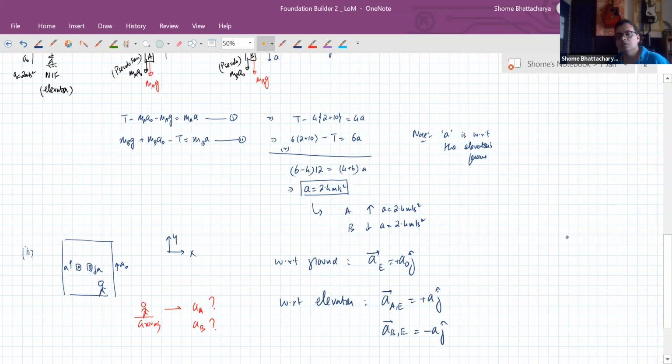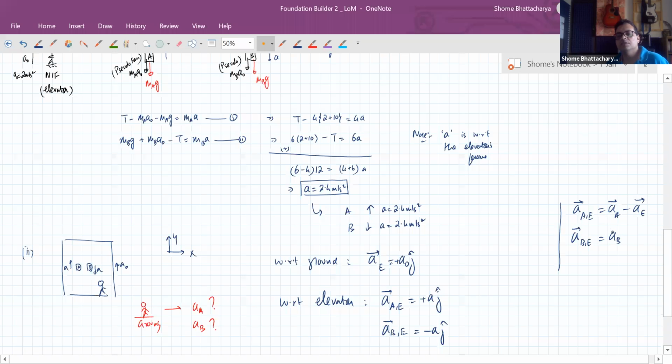Okay. Now we'll just use the simple relation that acceleration of anything with respect to another frame is the acceleration of that thing in the ground frame minus acceleration of the frame. Acceleration of B with respect to the elevator is the acceleration of B in the ground frame minus acceleration of the elevator.